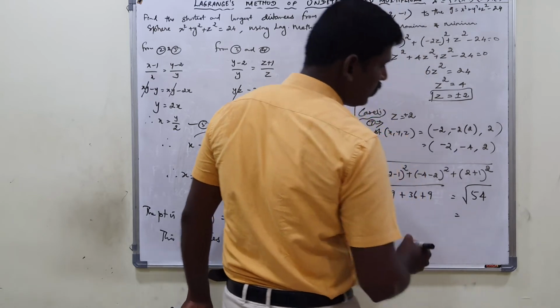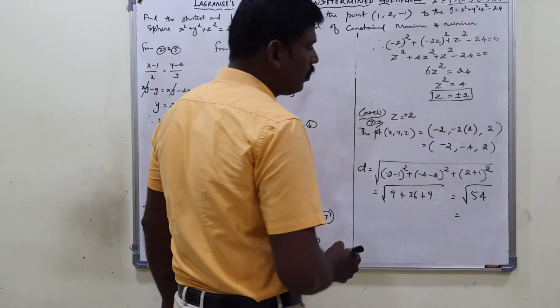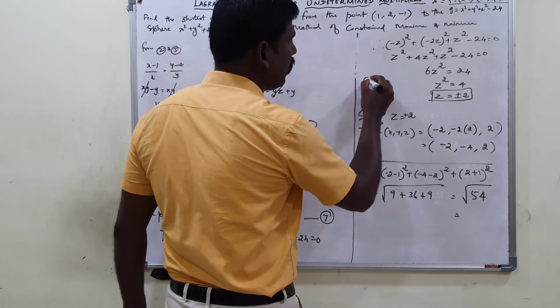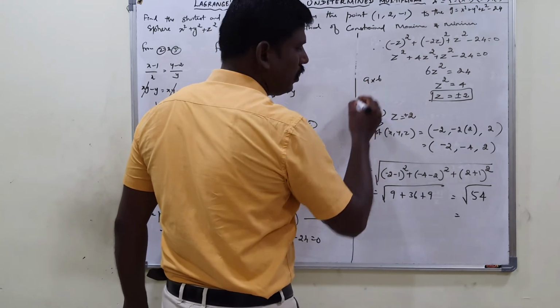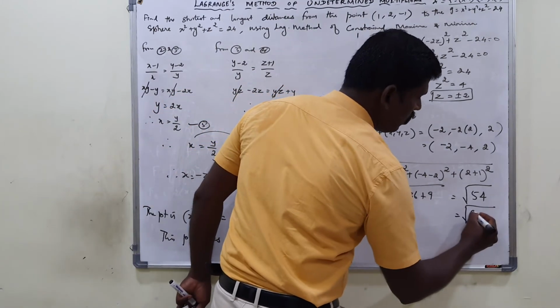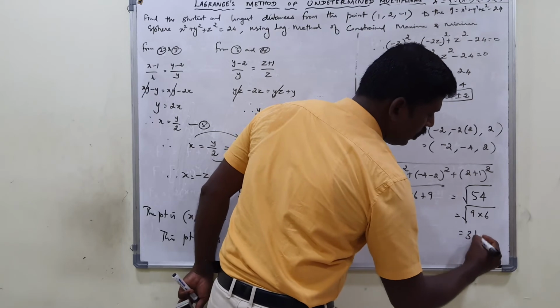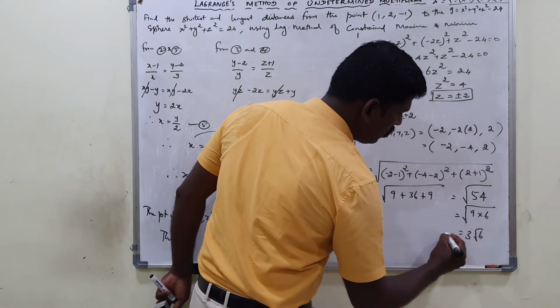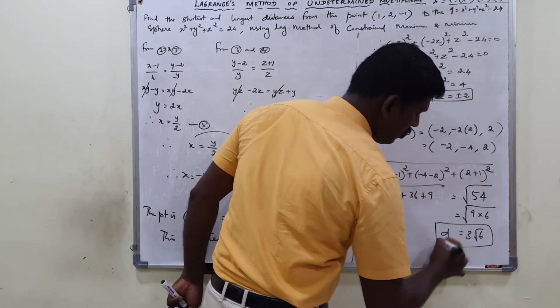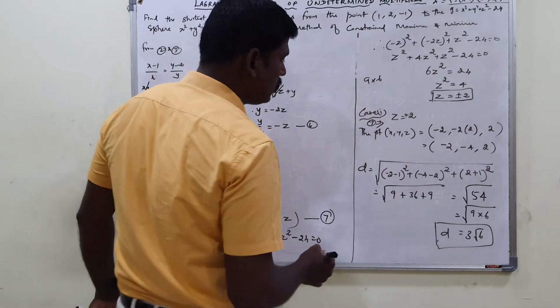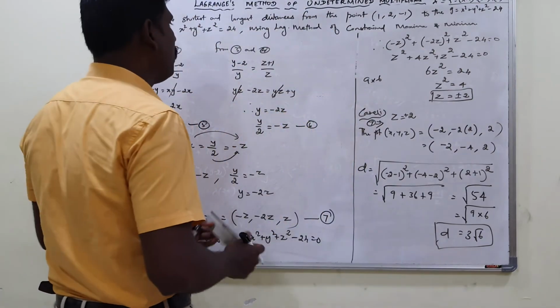That can be written as 9 into 6. That can be written as 3 into root 6. So I think this may be the maximum distance.